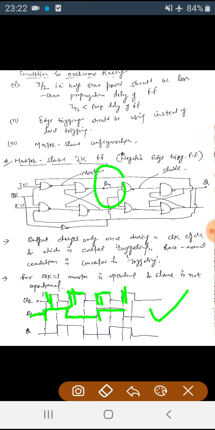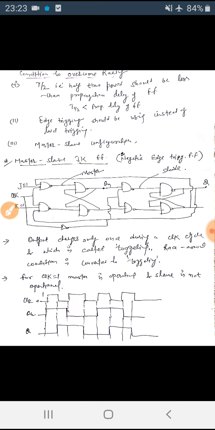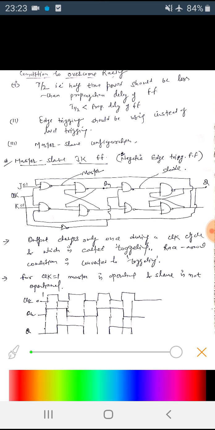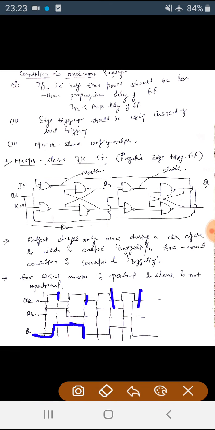Similarly, when clock goes low, as we can see, on these edges the output of slave will change, and it remains until the clock goes low again. It changes here.